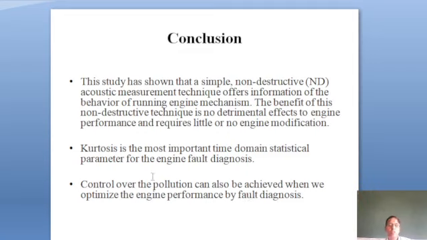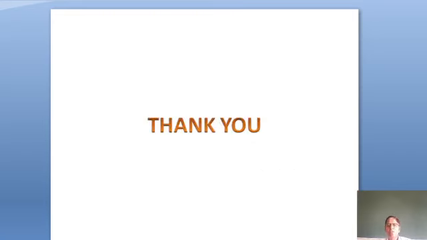So, this is how an engine fault, particularly the spark plug gap, can be identified by using this acoustic measurement and time domain statistical parameters, particularly kurtosis. So thank you.